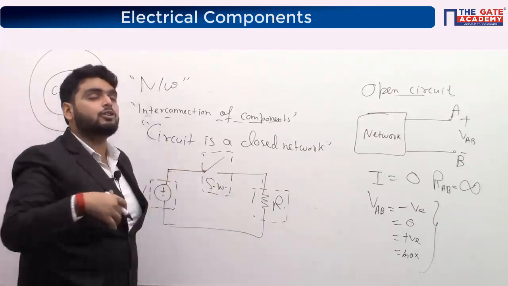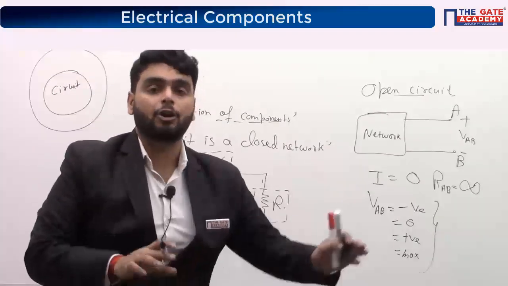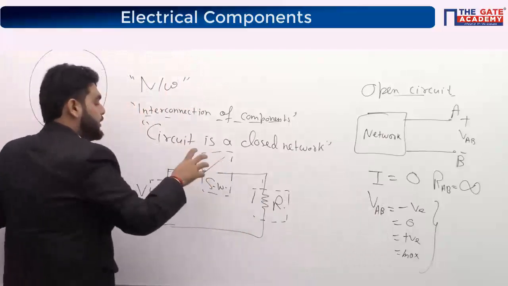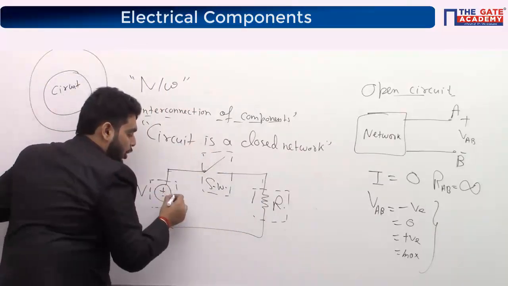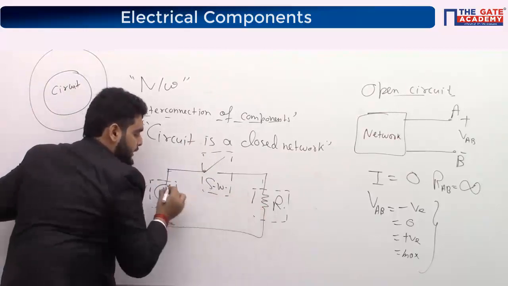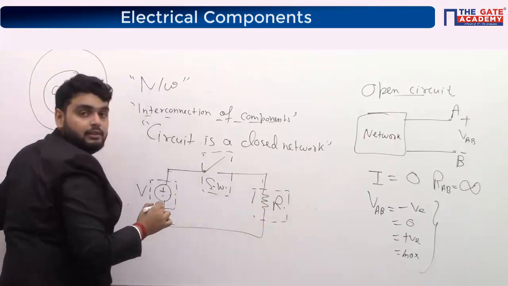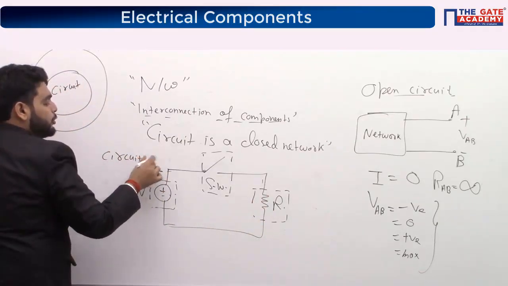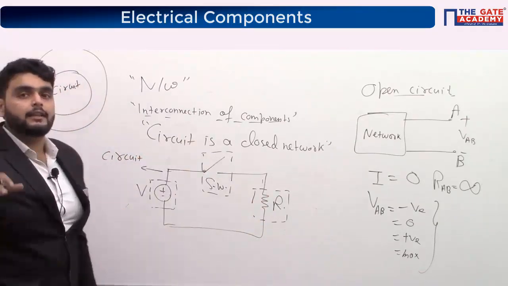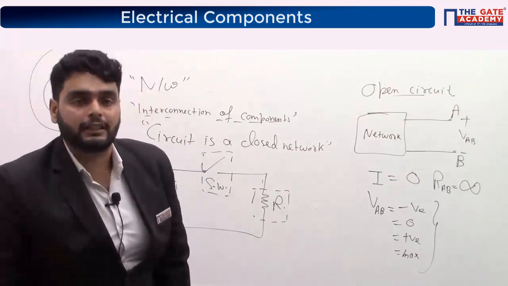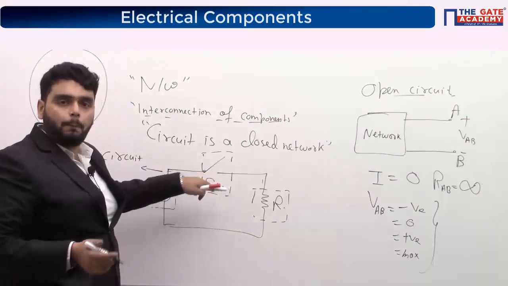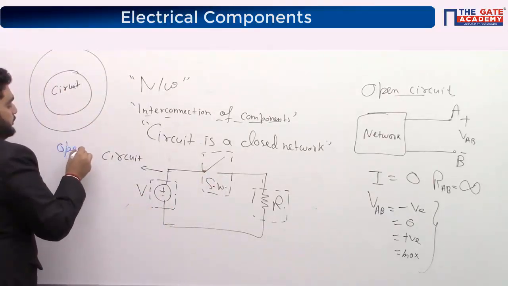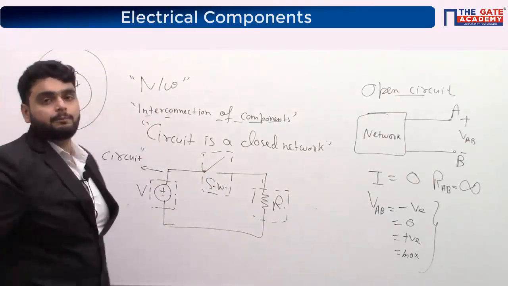Whether the switch is open or closed is its function; I am not talking about the function of any element. You can see elements 1, 2, 3 are all closed, so this is a circuit. Now according to the switch, I define whether it is an open circuit or a closed circuit. The switch here is open, so this is the open circuit.